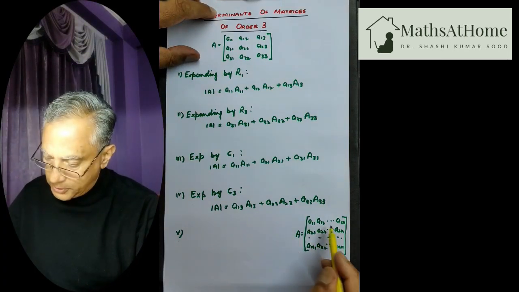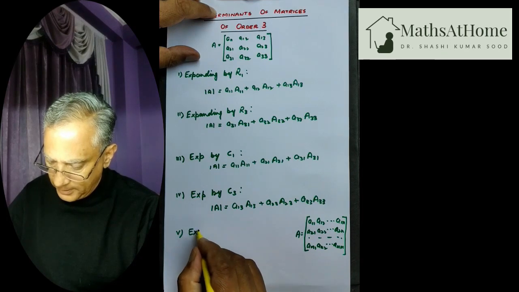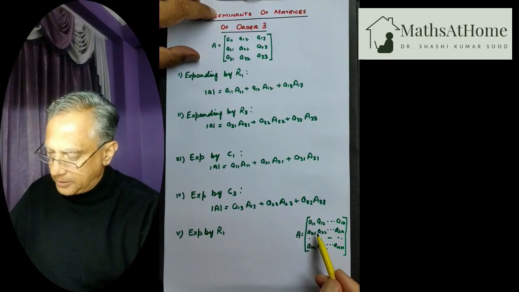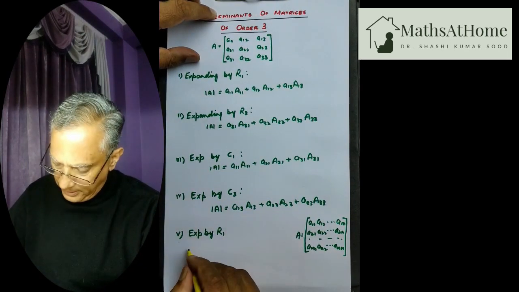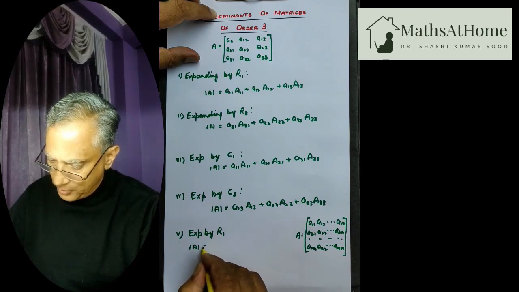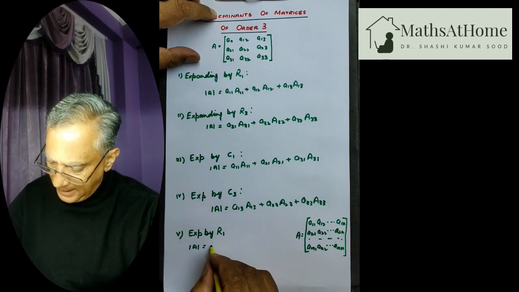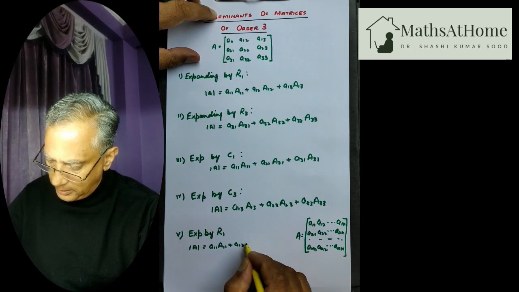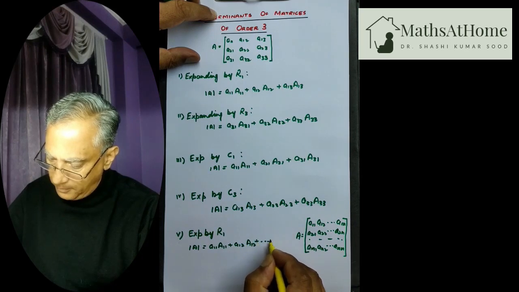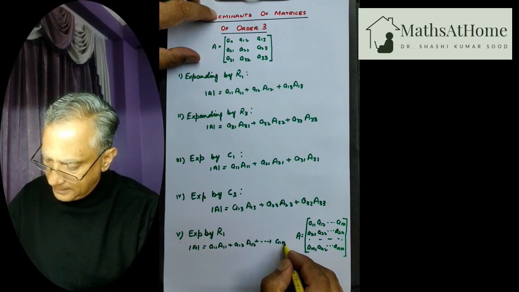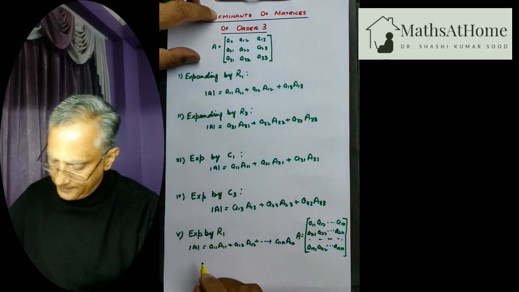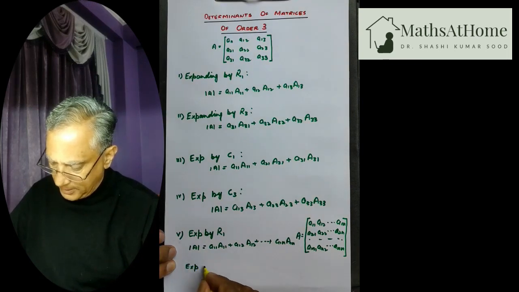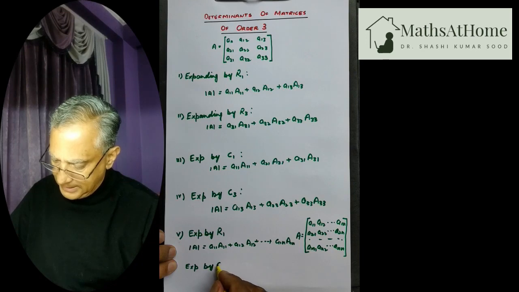Now if we want to expand this determinant by R1, what we will get is determinant of A is equal to a11 into capital A11 plus a12 into capital A12 plus so on plus a1n into capital A1n. And similarly, if we expand this by say C2.